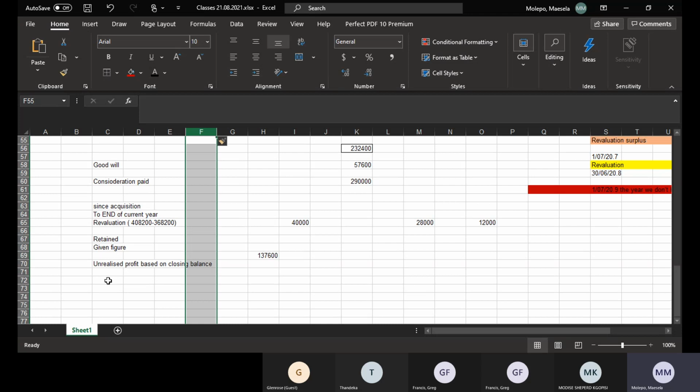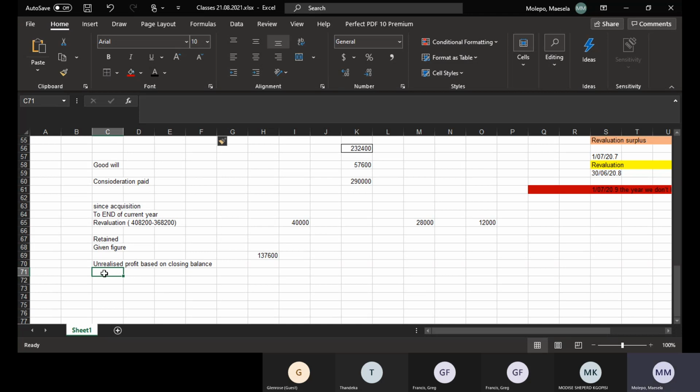So the closing inventory of A Limited was how much? It was shown as 45,000. So it will be the 45,000 times 25 divided by 125. The subsidiary is the one that realized the profit, but because the parent had not yet sold the inventory to the public, it's still unrealized.